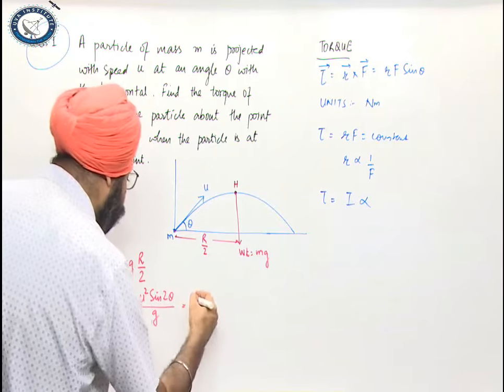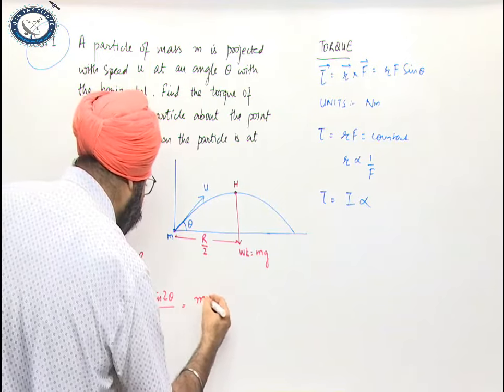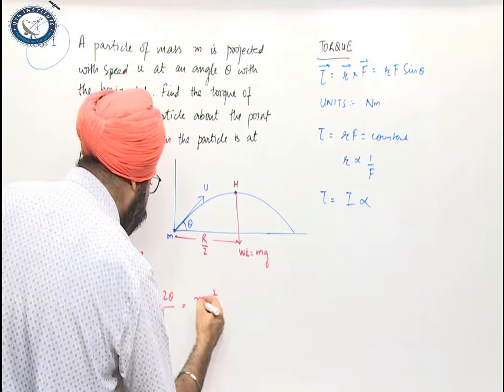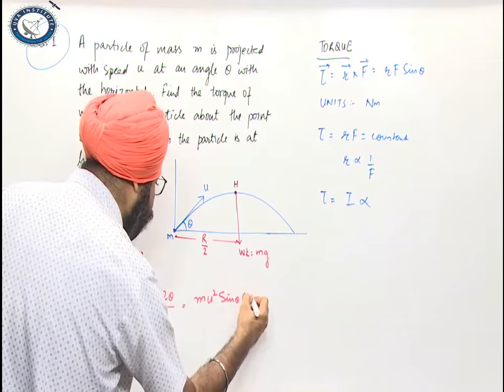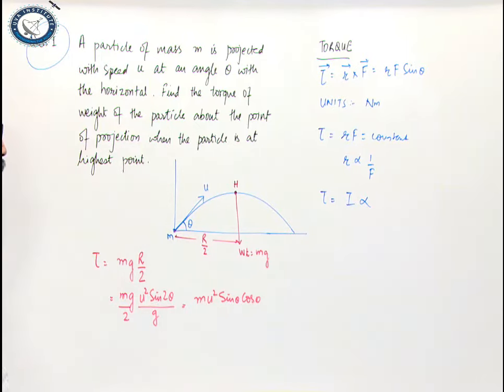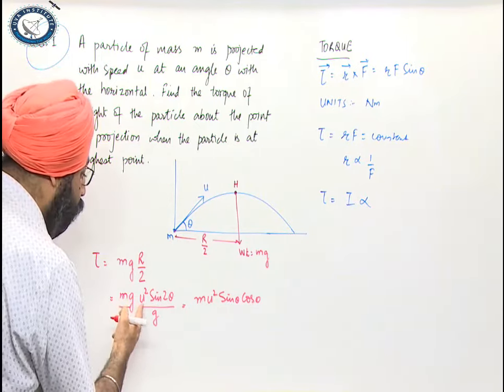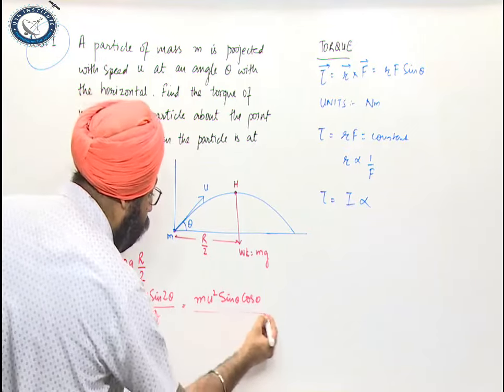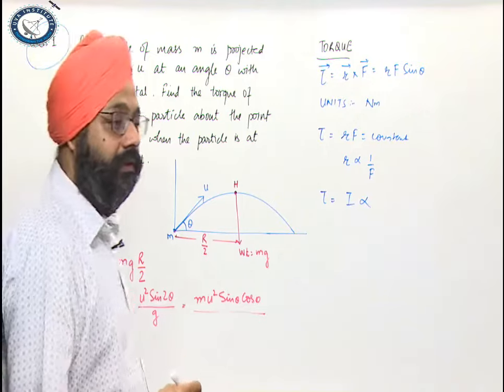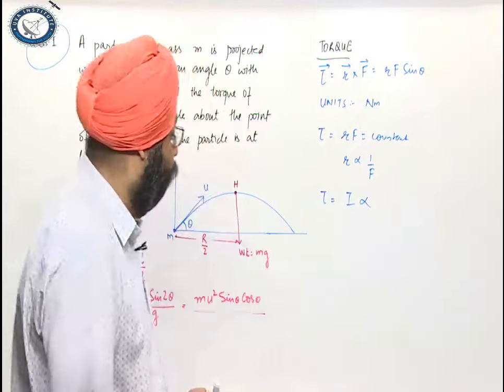G cancels out, so it is m u square times 2 sin theta cos theta, and the 2 also cancels out, so m u square sin theta cos theta. This is your torque.